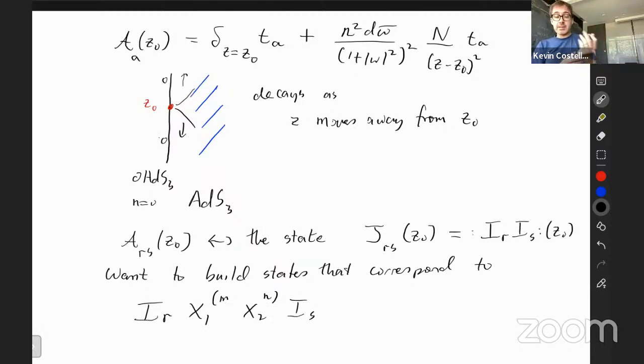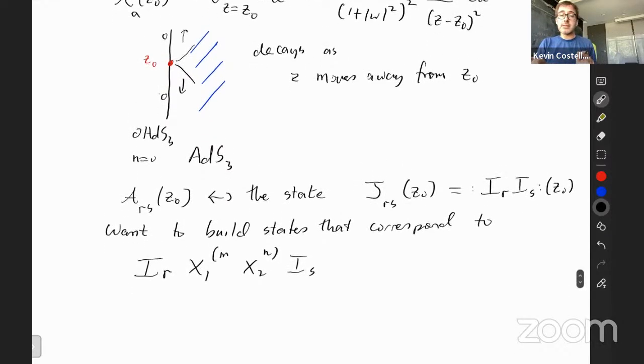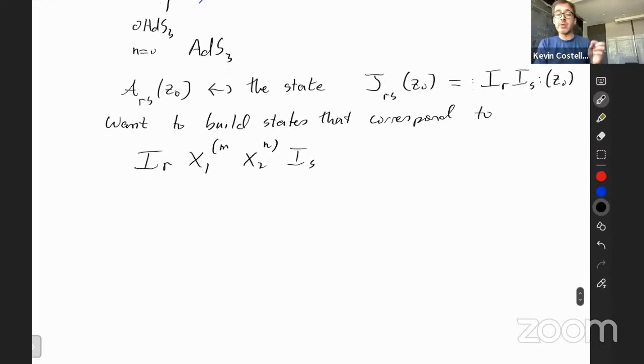And what we'll find is that the ways of modifying the boundary condition at this point match precisely with the states in the CFT. So let's think about the most general way we can modify the boundary condition.